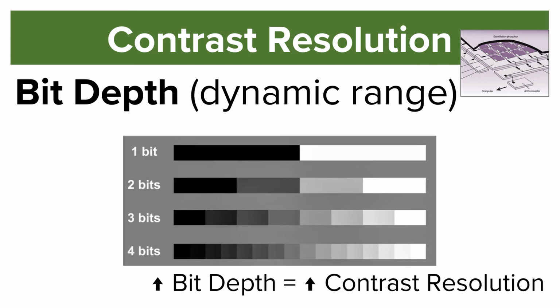So, increasing bit depth increases contrast resolution. But be careful, this is not an increase in image contrast. Increasing contrast resolution means you're increasing the ability to distinguish many shades of gray.